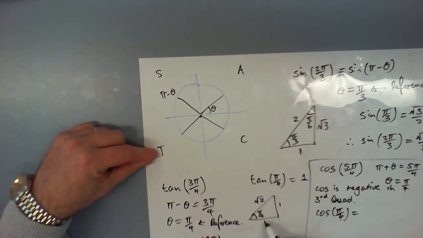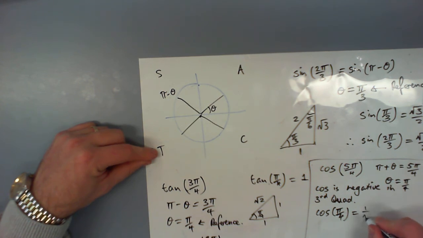Cos is adjacent over hypotenuse, so 1 over root 2. Therefore, cos of 5 pi on 4, we're going to bring it all together now. We know cos is negative, and we know our value that we get is 1 on root 2.